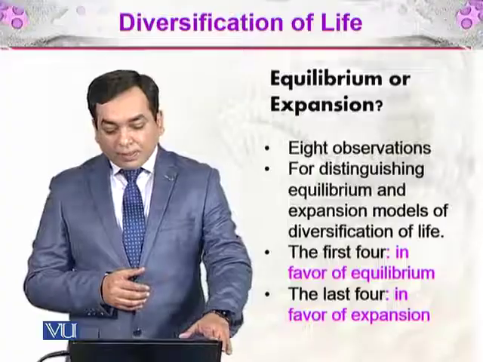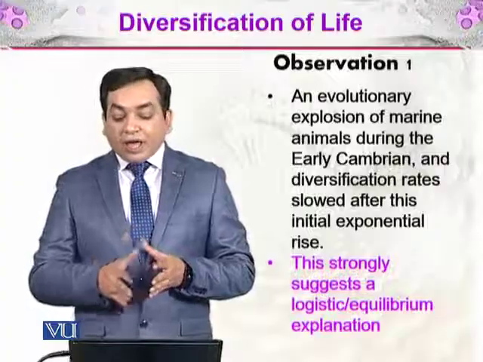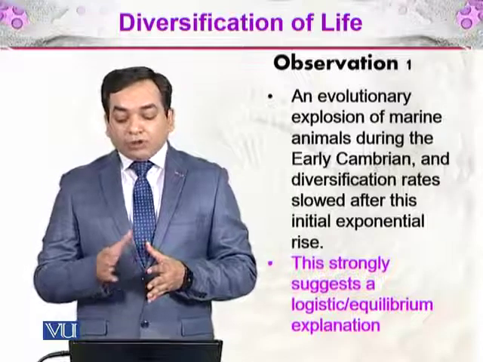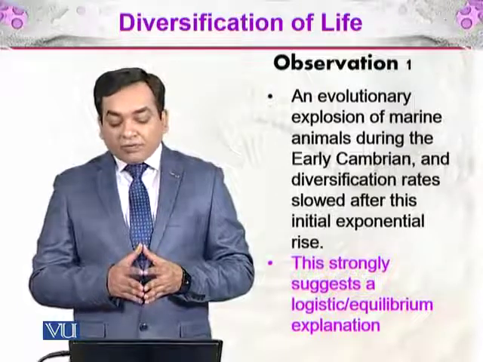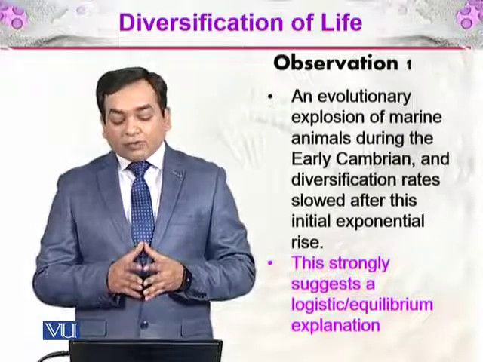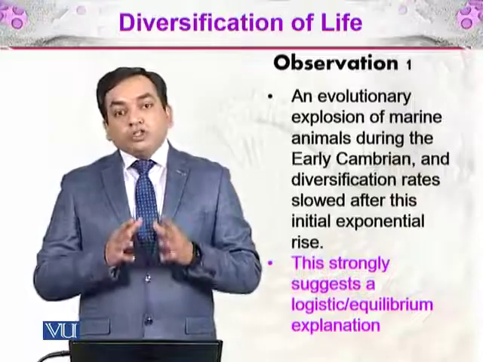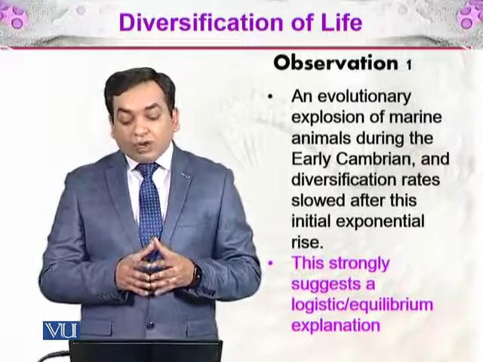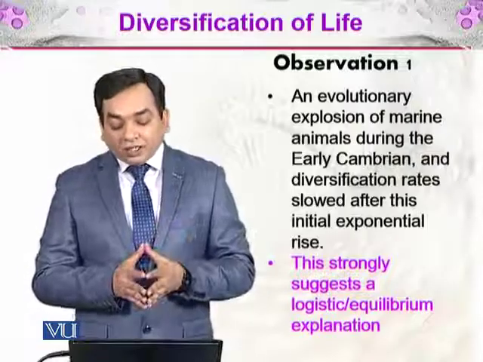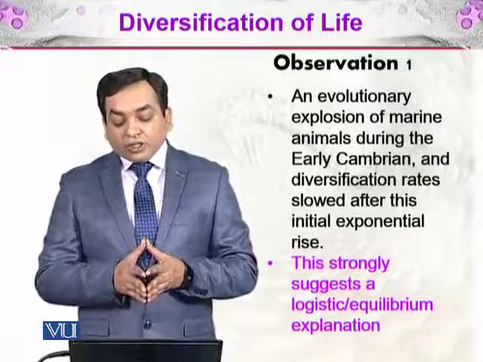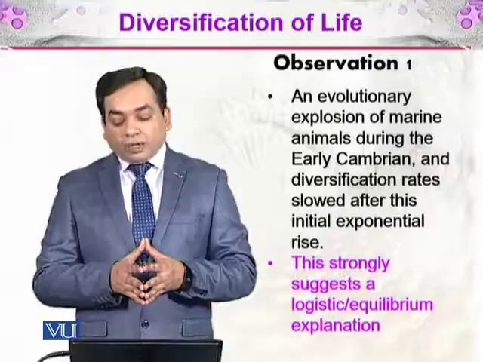The first observation is an evolutionary explosion of marine animals during the early Cambrian, and diversification rates slowed after the initial exponential rise. This is evidence for a logistic or equilibrium explanation.